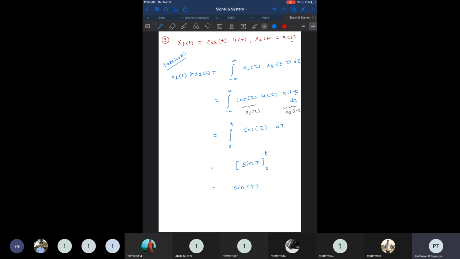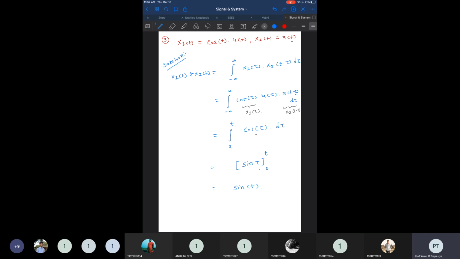So if you multiply u of tau and u of t minus tau, which are 1 for the limit of 0 to t, again the integration limits from minus infinity to infinity change to 0 to t. So the term left with us is cos of tau only, and the integration of cos of tau becomes sine of tau.